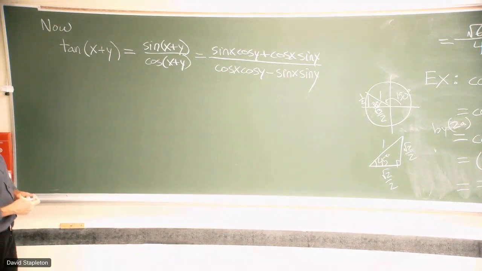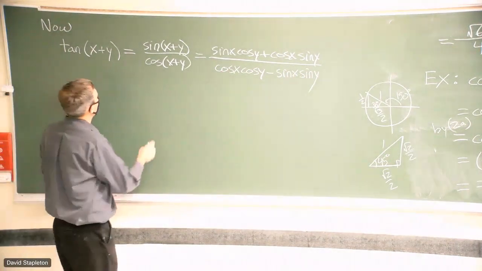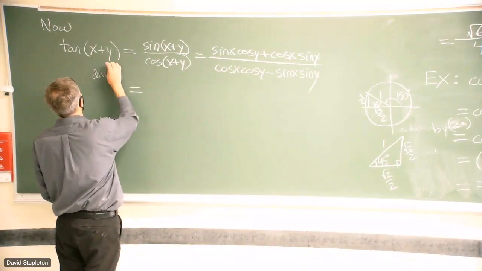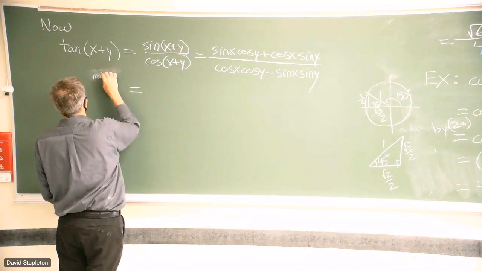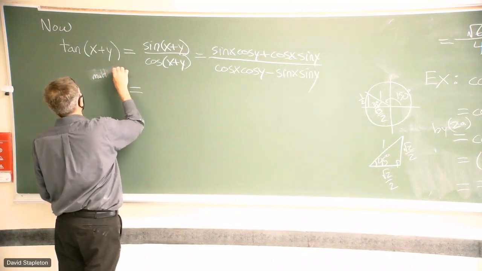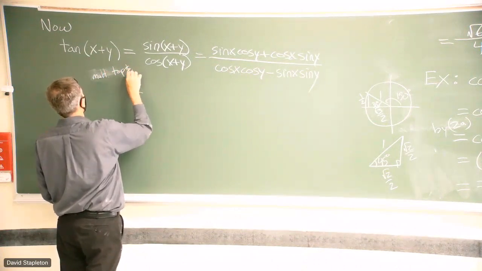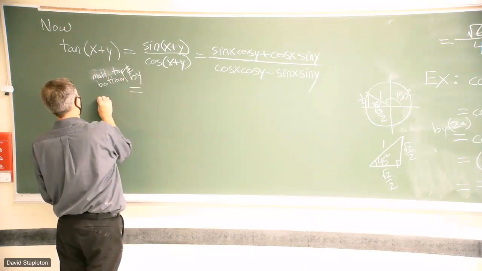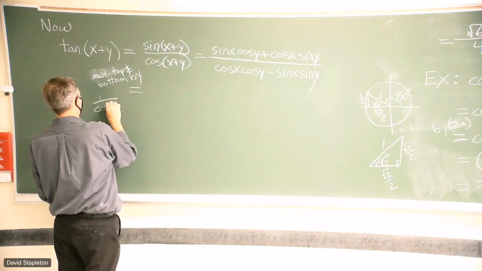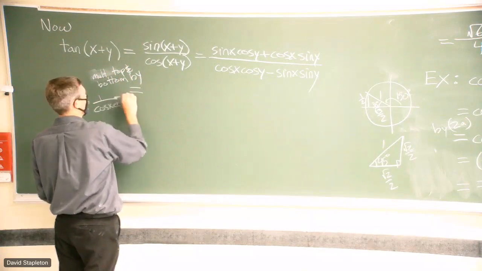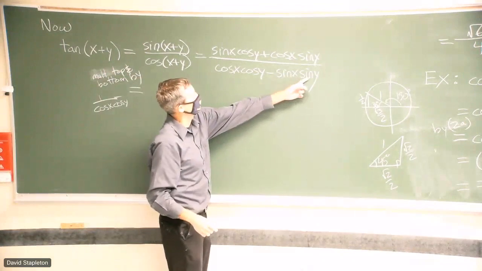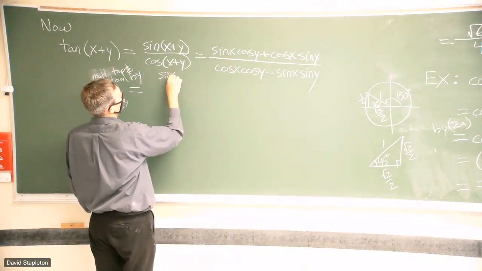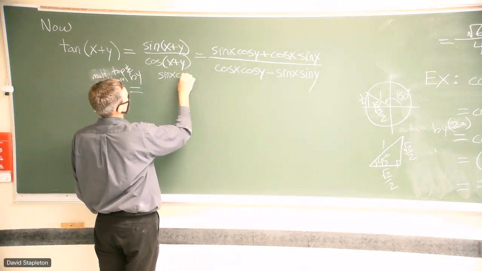If I were to divide top and bottom by cosine x, cosine y, so let's say multiply top and bottom by 1 over cosine x, cosine y, so I don't change the quotient. What I'm trying to do is convert these signs into tangents and get rid of these. So on the top, I'll divide the whole top by cosine, cosine.